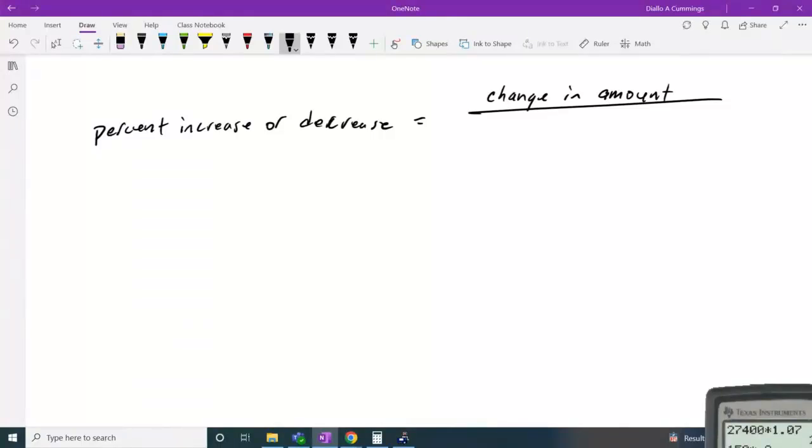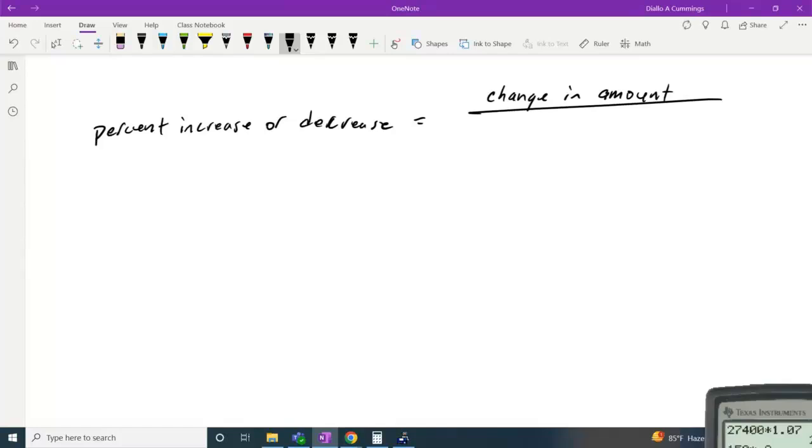If the change is an increase, so let's just say you were at a job, you started off with $10 an hour, and let's say you got an increase of $5 an hour. So that would be like a $5 difference, an increase. It can also be a decrease, vice versa.